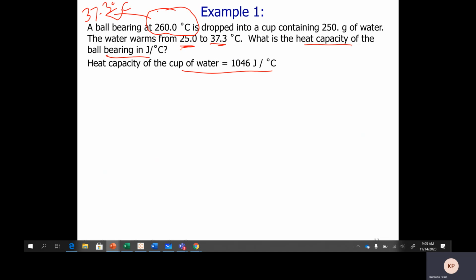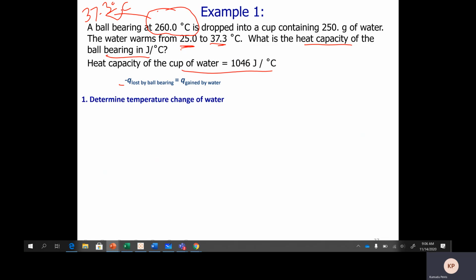So both objects have the same final temperature. Right. Okay. So who is losing the energy? Yes, the ball is losing the energy. Therefore, it has a negative sign. The water is gaining the heat, so it bears a positive sign.